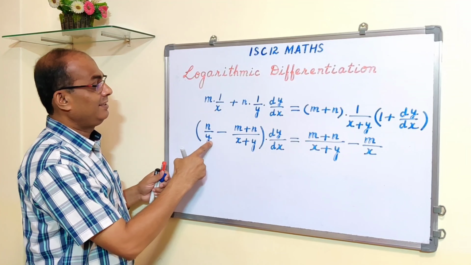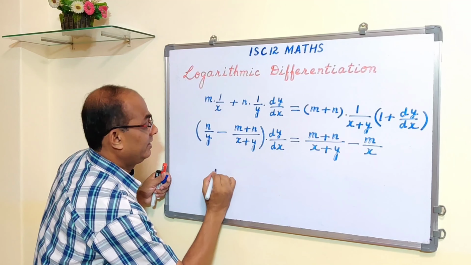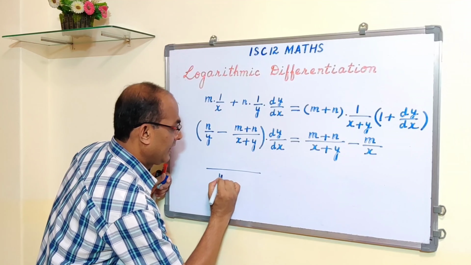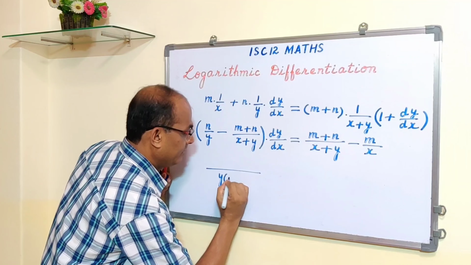Alright, now LCM we take and we subtract, so LCM will be y and x plus y.